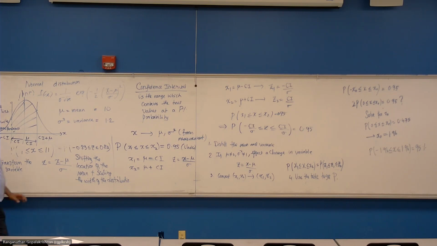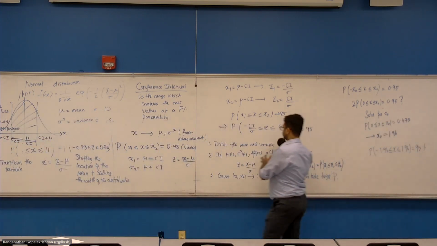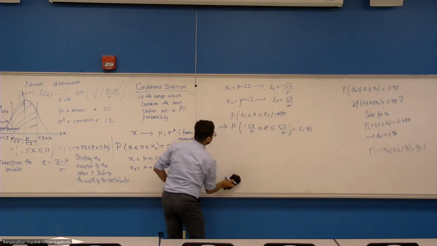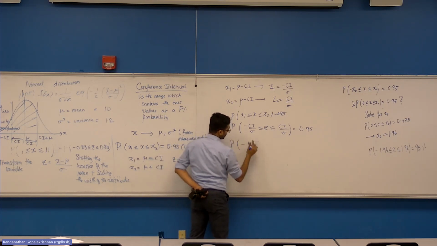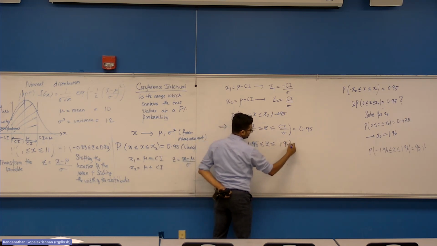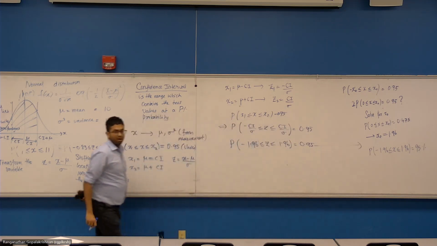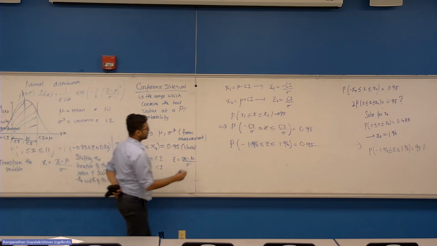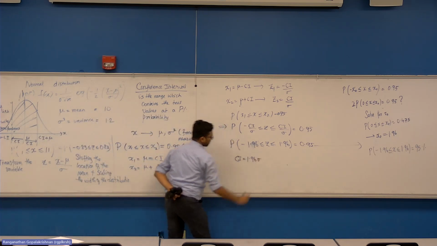You also just found out that the probability of minus 1.96 less than or equal to Z less than 1.96 is equal to 0.95 right here. So by comparison, ci is equal to 1.96 sigma.